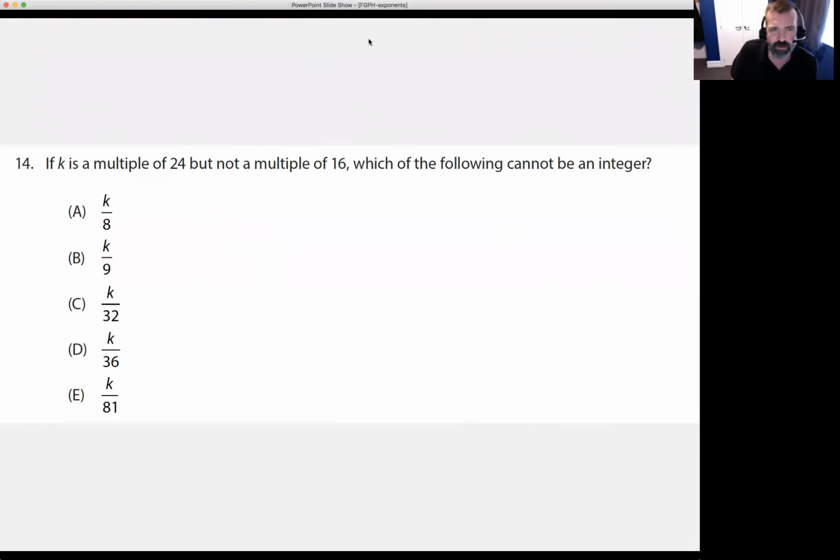All right, so if K is a multiple of 24, what ingredients do you know it has? Excellent. So I know it's got 2 times 2 times 2 times 3. All right, great.